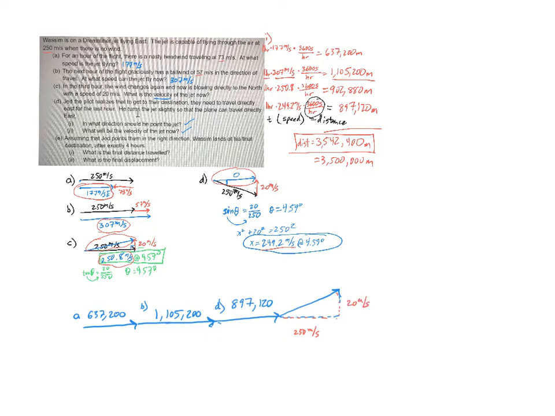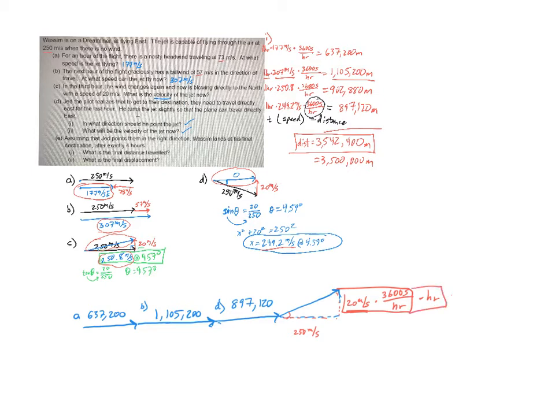So my last displacement is not horizontal, so I need to break it down into its components. Okay, so the vertical component is 20 meters per second times 3600 seconds per hour, and then multiply it by an hour.